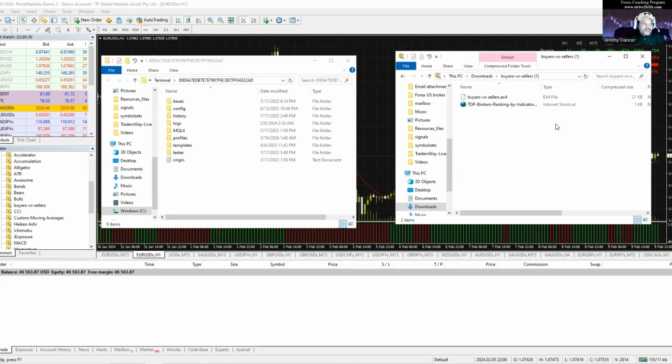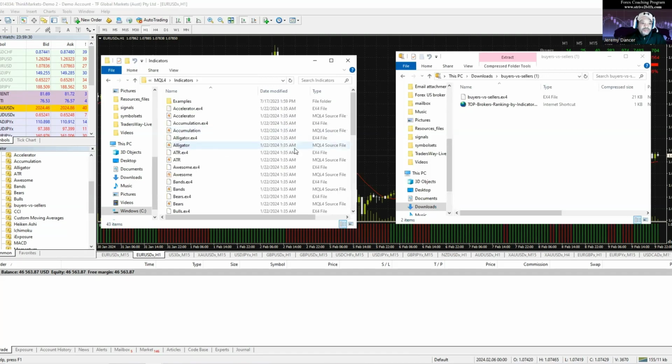And then from here, we're going to open up the MQL4 folder. And then we are going to open the indicators folder. For those of you who use robots, you use the experts folder. But because this is not a robot and this is an indicator, then we use the indicators folder.